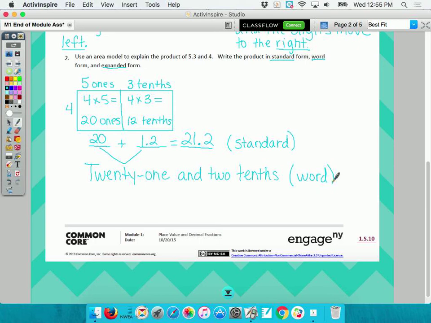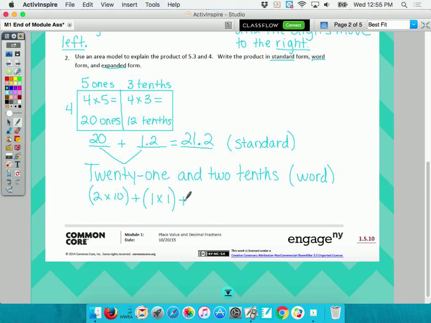Okay, so let's talk about, now how will I write expanded form? Because it's the one with the parentheses and the plus signs. Okay? So I got to start and think about, well, what place value is my 2 in? Tens. So it's going to be 2 times 10 plus, what place value is the 1 in? The ones place, so it's 1 times 1.